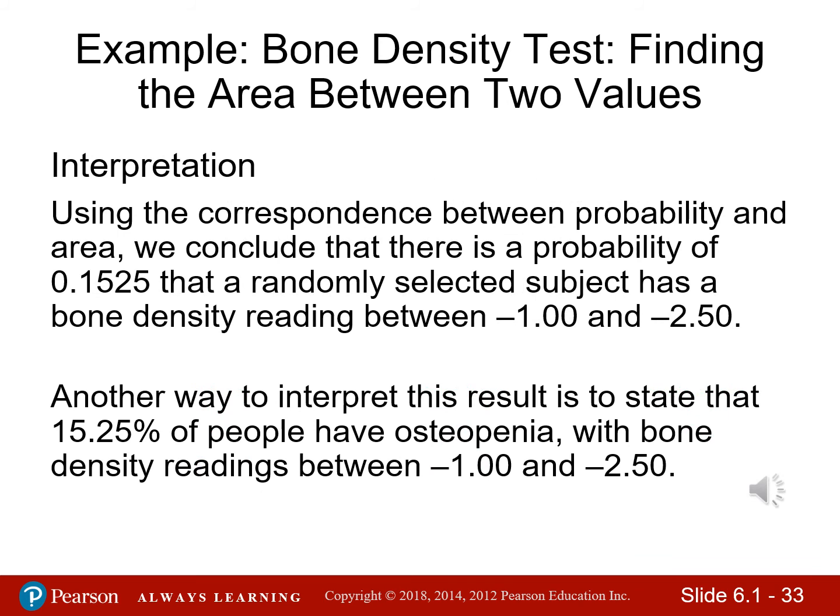Using the correspondence between probability and area, we can conclude that there is a probability of 0.1525 that a randomly selected subject has a bone density reading between -1 and -2.5. Another way to interpret this result is to state that 15.25% of people have osteopenia with a bone density reading between -1 and -2.5.